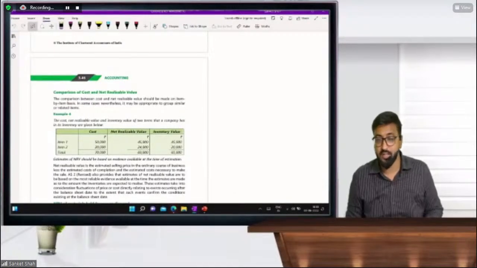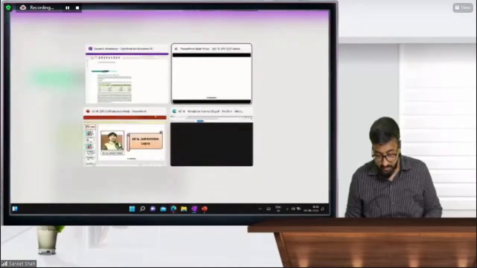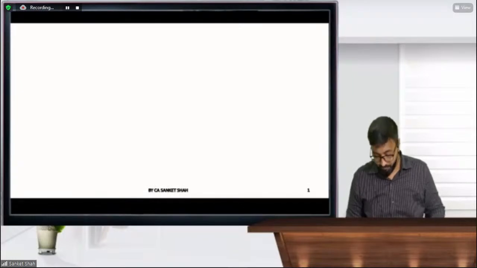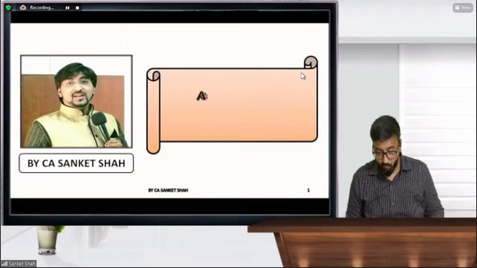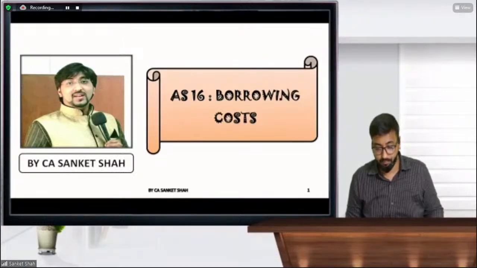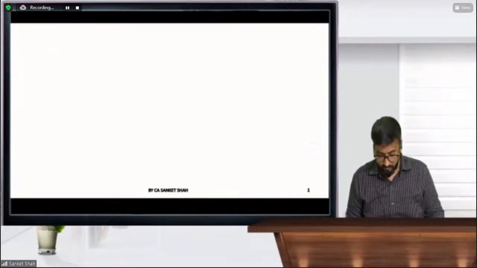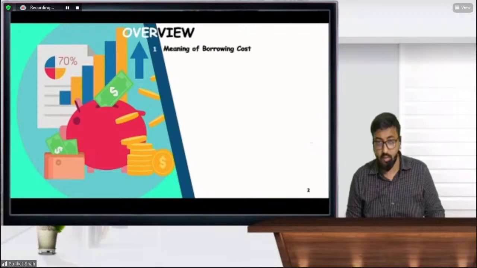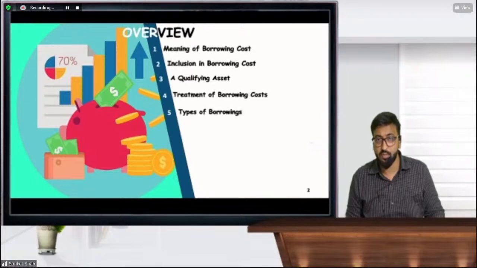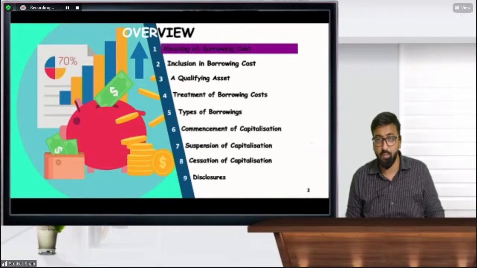Today's accounting standard is Accounting Standard 16, Borrowing Cost. So what is exactly borrowing cost? First we are going to start with the meaning of borrowing cost.